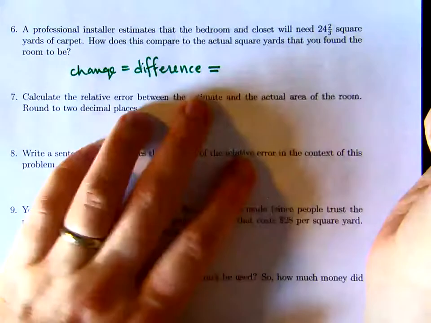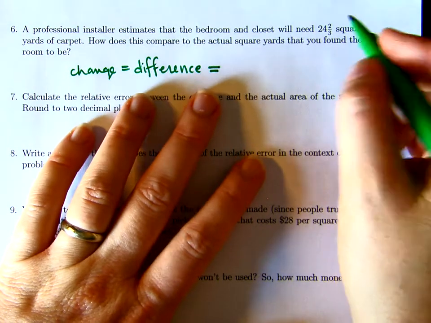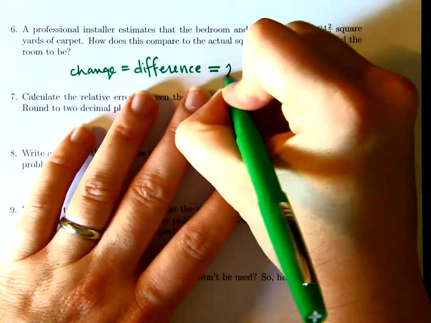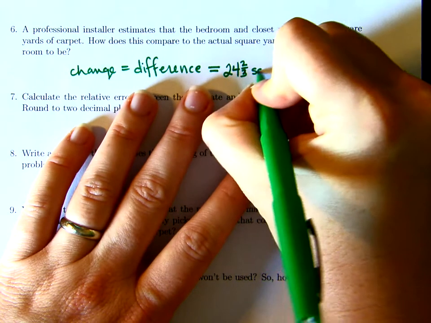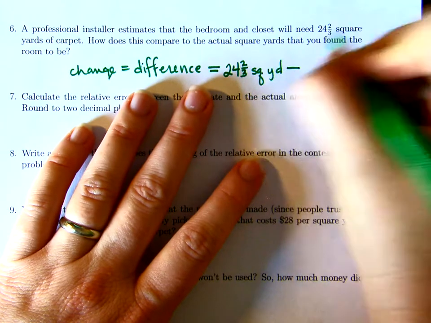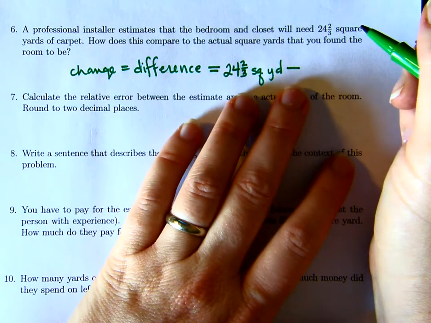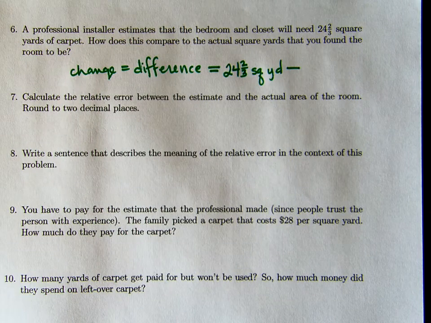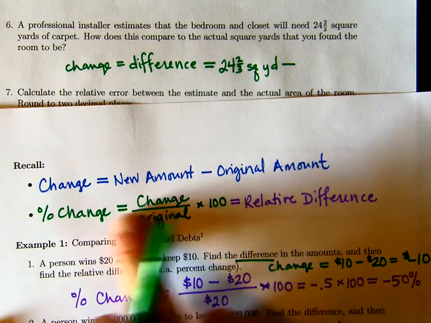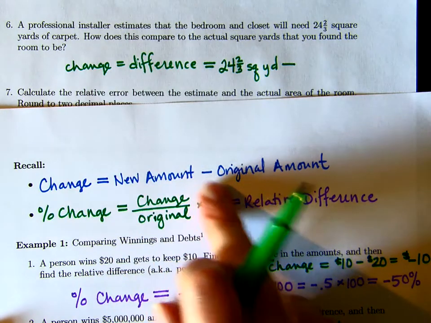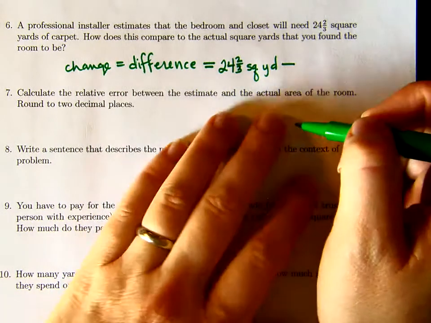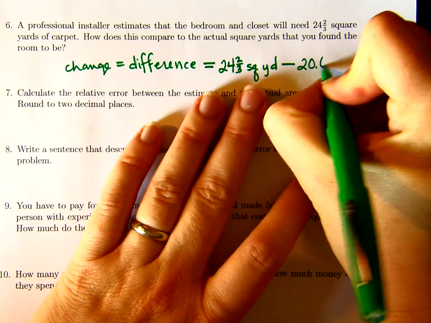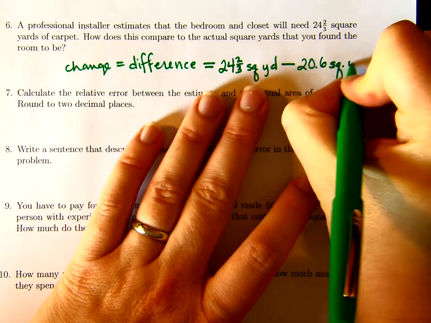All right, so the new amount is 24 2/3 square yards, and we originally, so just so that we go back, remember I'm just using this again, the change is the new amount compared to the original amount, and we originally computed that area to be what, 20.6 square yards.